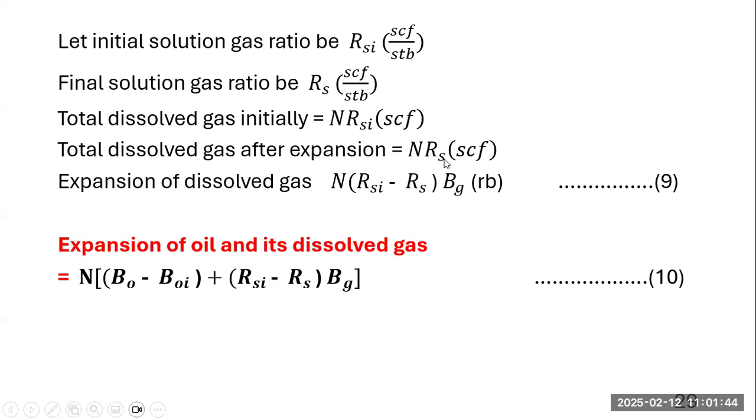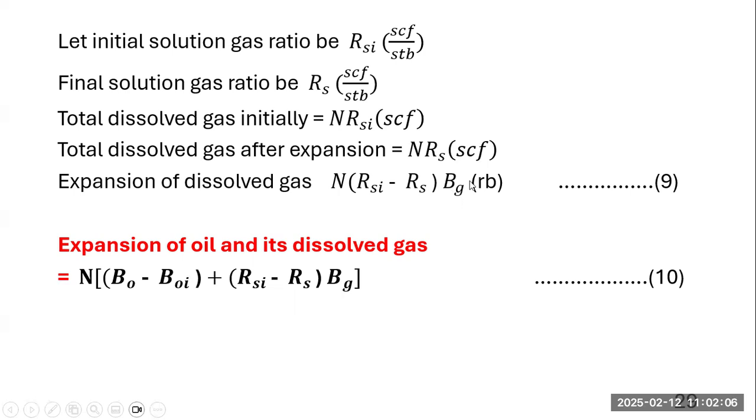You remember when we did that for oil, we also multiplied by BO. So in this case, because it is gas, we are multiplying by RS, okay? Expansion of gas is therefore N RSI minus RS. We know in the case of gas oil ratio, RSI is greater than RS. So it is NRSI minus NRS, which gives this.